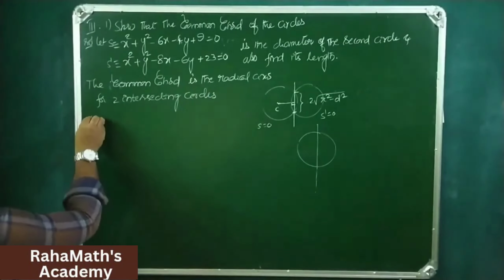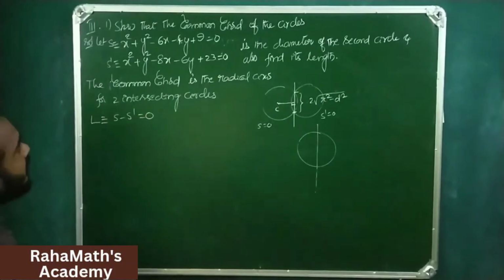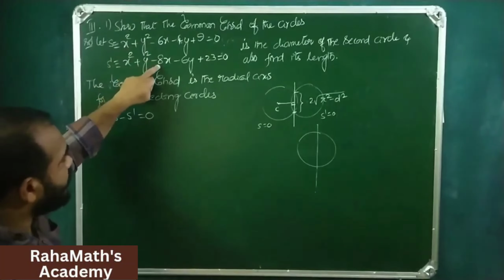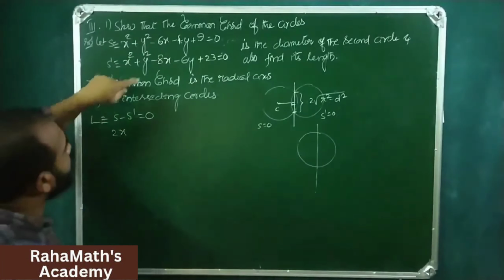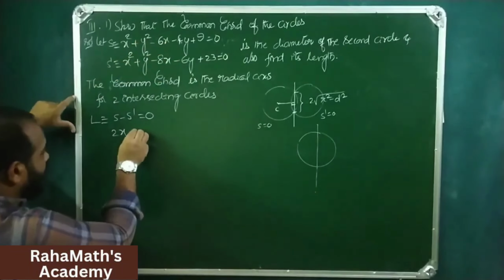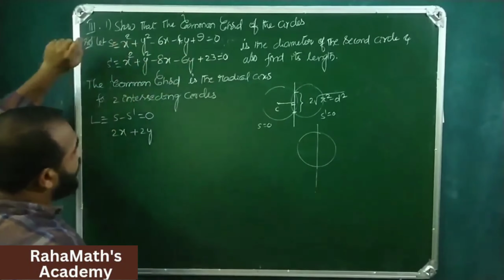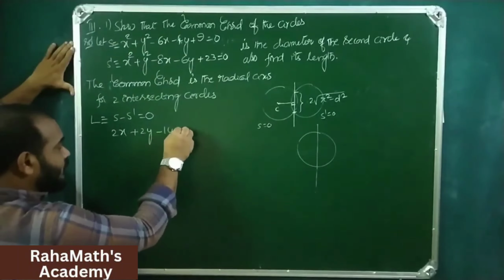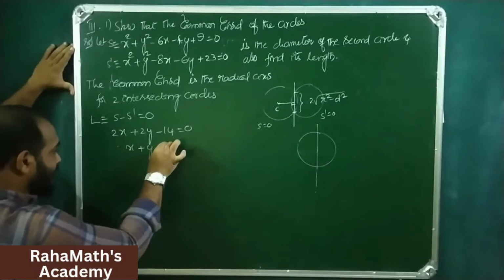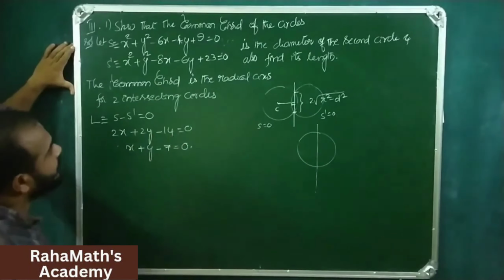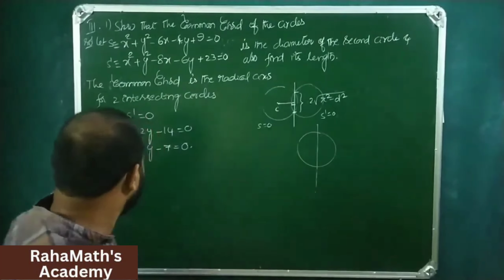Therefore, the line L is S minus S dash equals to 0. 8x minus 6x is 2x. Minus 4y plus 6y, 2y. 9 minus 23 is minus 14 equals to 0. Therefore, this is x plus y minus 7 equals to 0. So this we get.